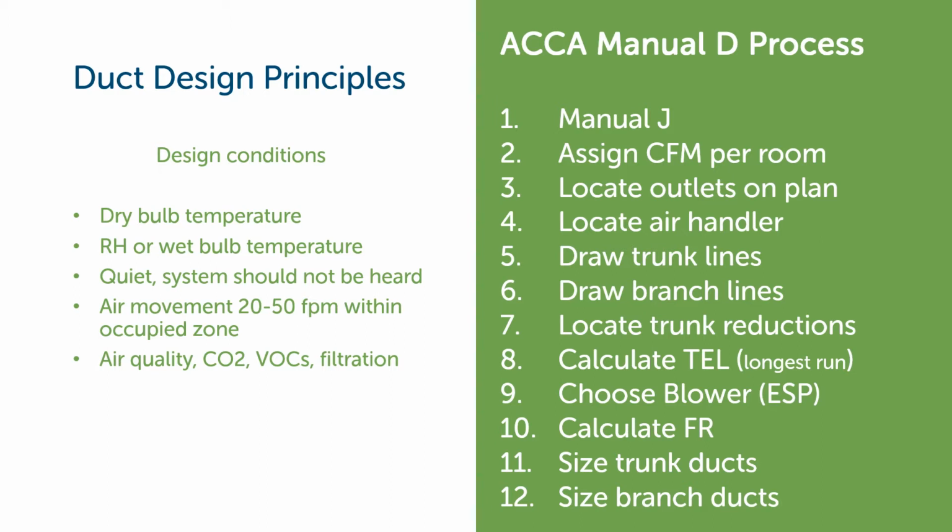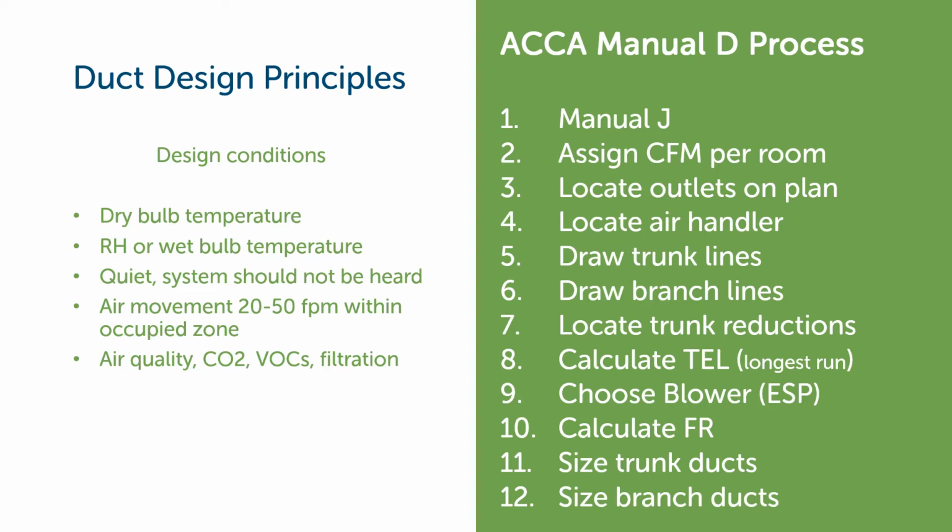And on the right, the ACCA Manual D process gives us 12 steps to accomplish what we're trying to do. We're going to start by doing a good heat load calculation and getting the number of BTUs we need in each room. We'll draw a plan out, put the outlets on it, and locate the air handler and the trunk lines on the plan.